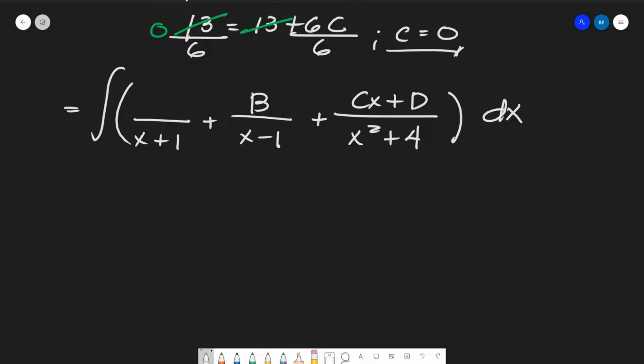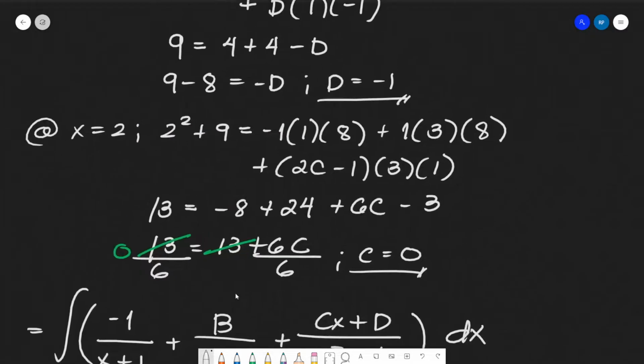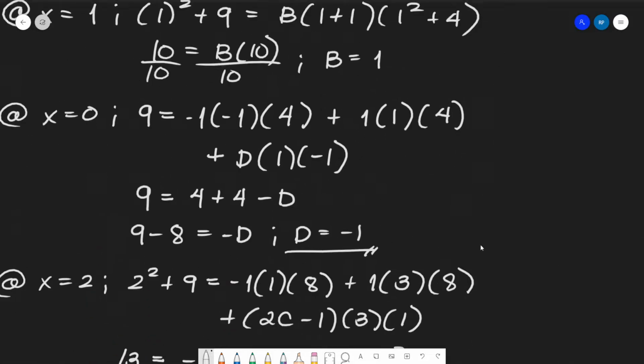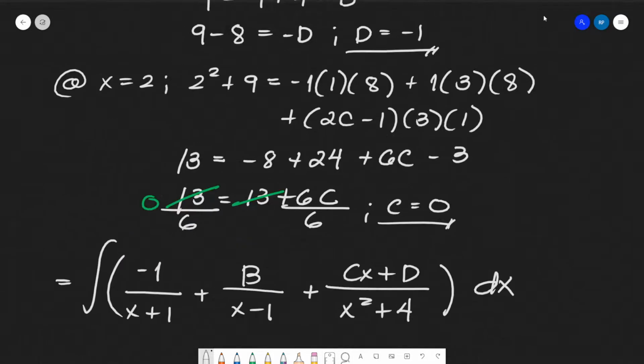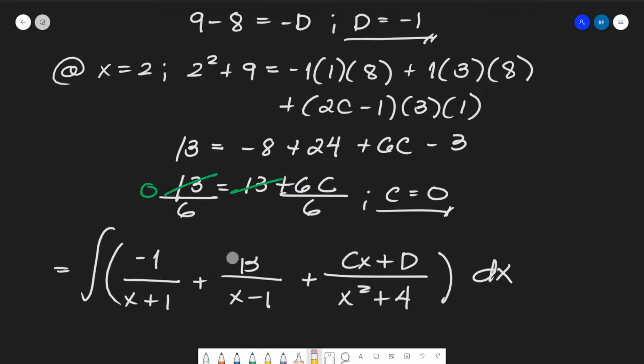So what is the value of A natin? So A is negative 1. Tama. Let's double check. Yeah, A is equal to negative 1, B is equal to 1. C is equal to 0, so no need to write that.